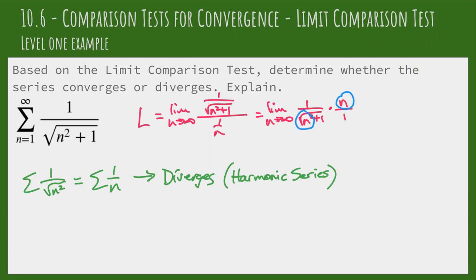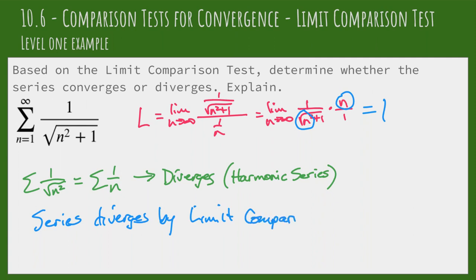What's going to dominate the top is also n, so that limit is 1. So this series diverges by the limit comparison test with, I'm just going to identify it as the harmonic series, and that is going to be enough.